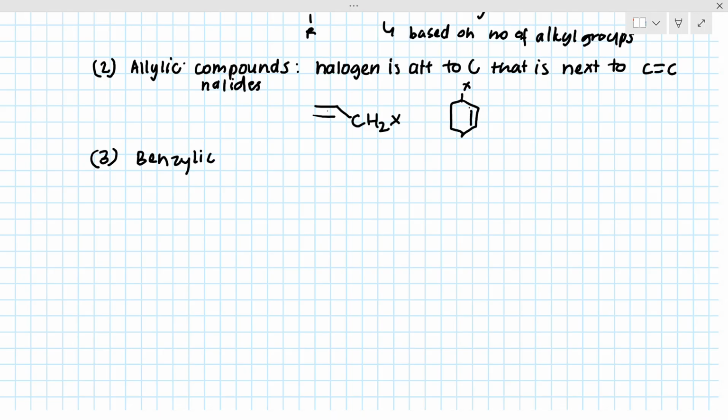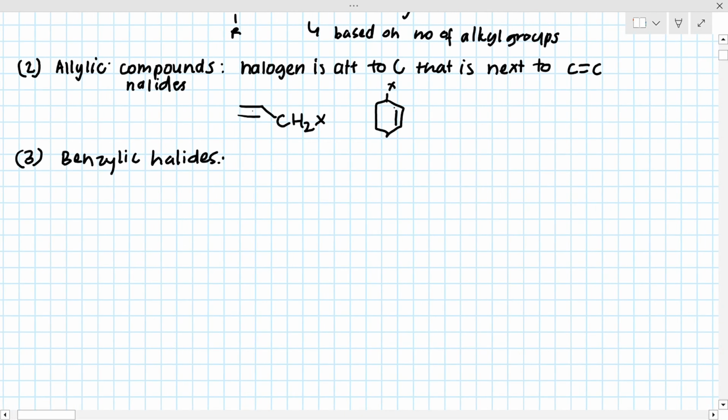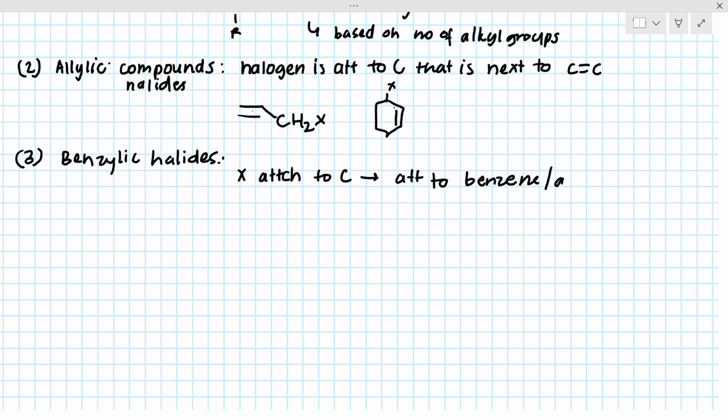Next you have benzylic halides. Whenever it comes to benzylic halides, people get confused about whether the halide is part of the benzene ring, but no, here the halogen is attached to a carbon which is attached to a benzene or aromatic ring.